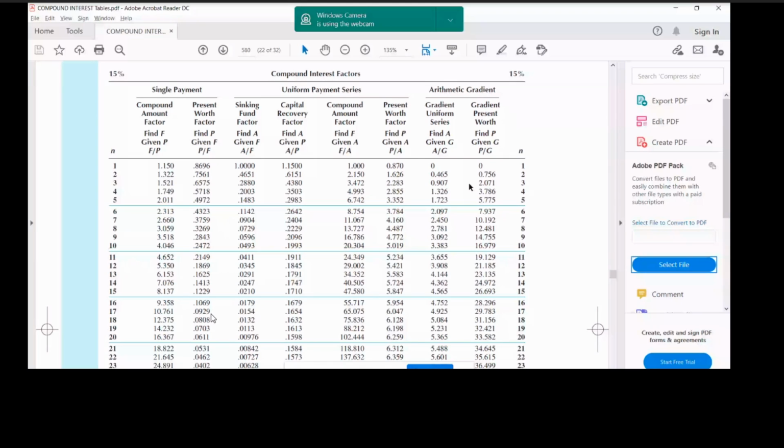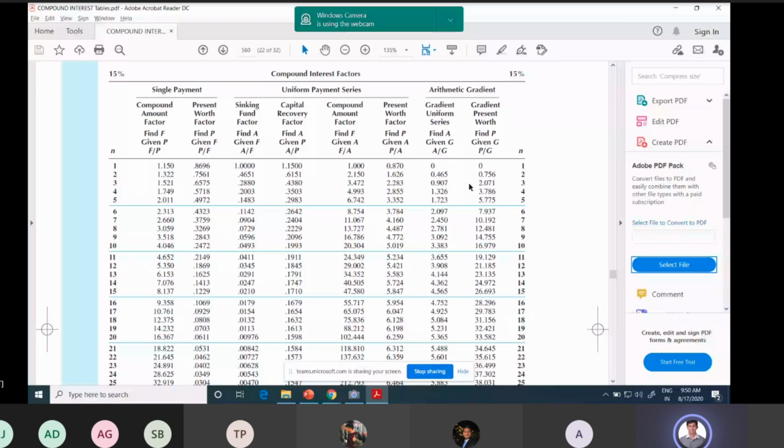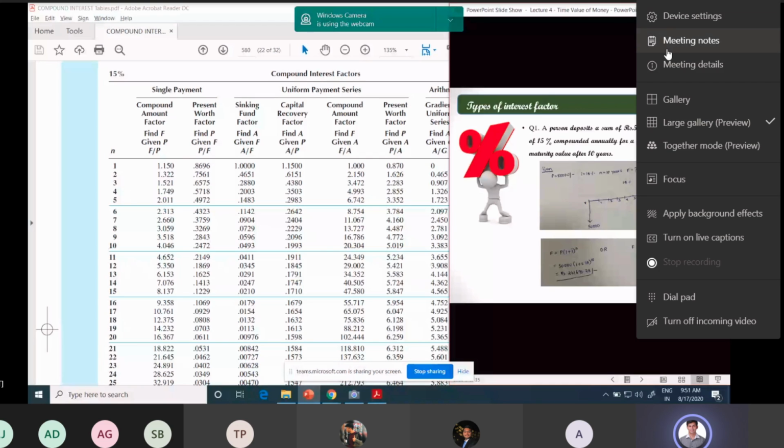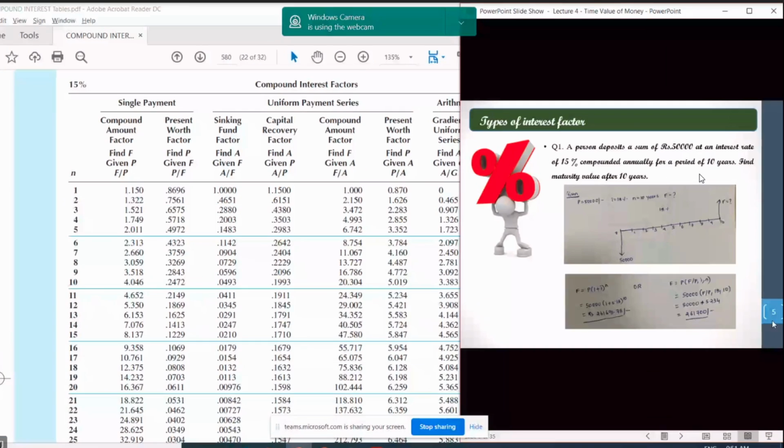So we need to find out F by P. We need to calculate the future value of the present deposit, correct? One thing you have to remember is that when you write this nomenclature or the factor, that is F by P, i comma n, always the factor which we need to calculate will be on the numerator.